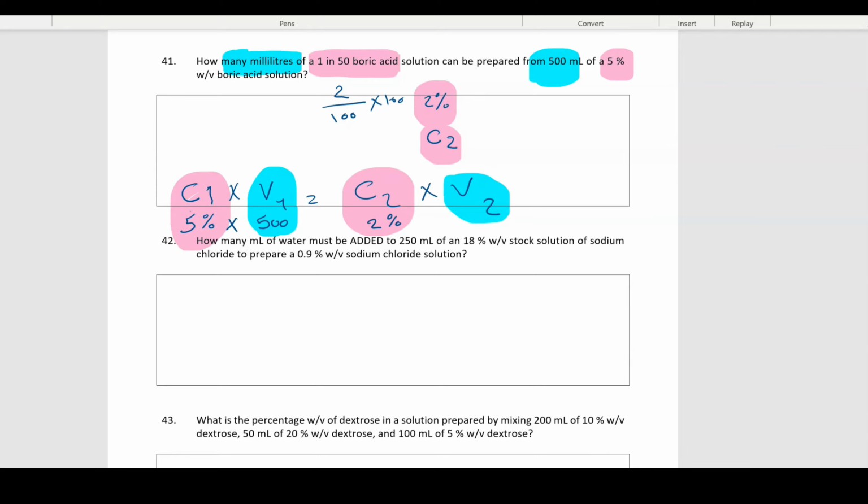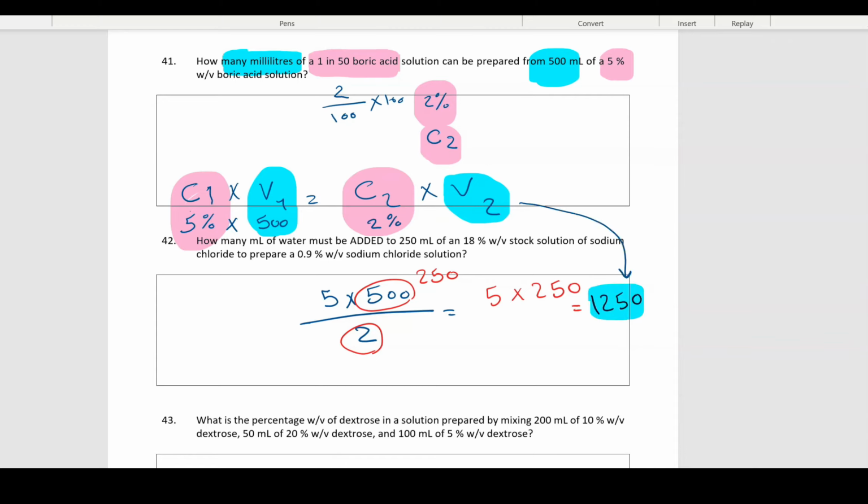Now we calculate everything. 5 times 500 divided by 2 equals, so 500 divided by 2 is 250, and then 5 times 250 is equal to 1,200. So that's my second volume.